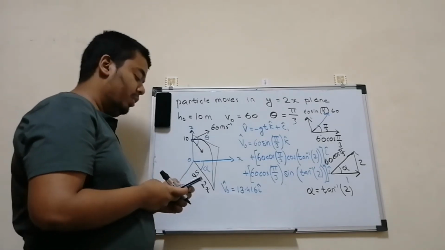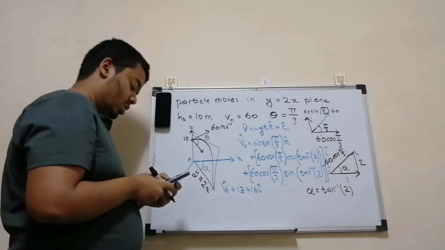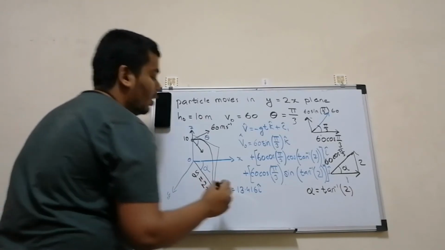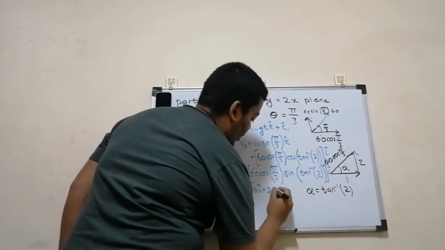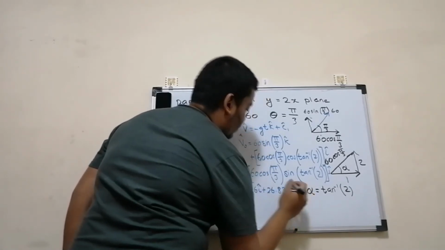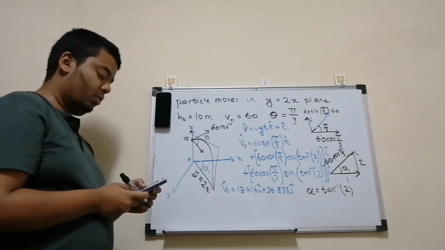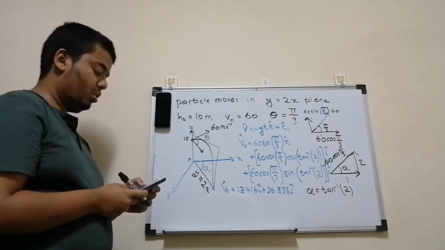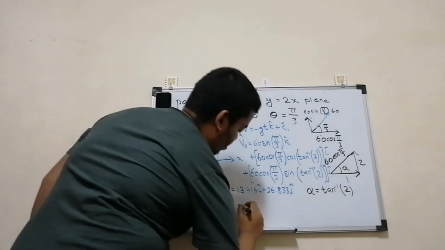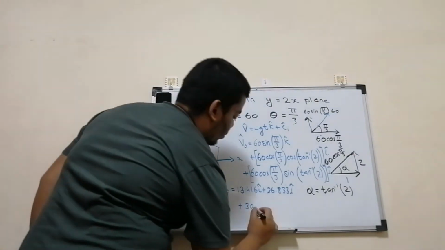The J component will be the same, I'll just change the cos to sine, which gives 26.833 in the J component. And the K component will be very simple: plus 30 square root 3.